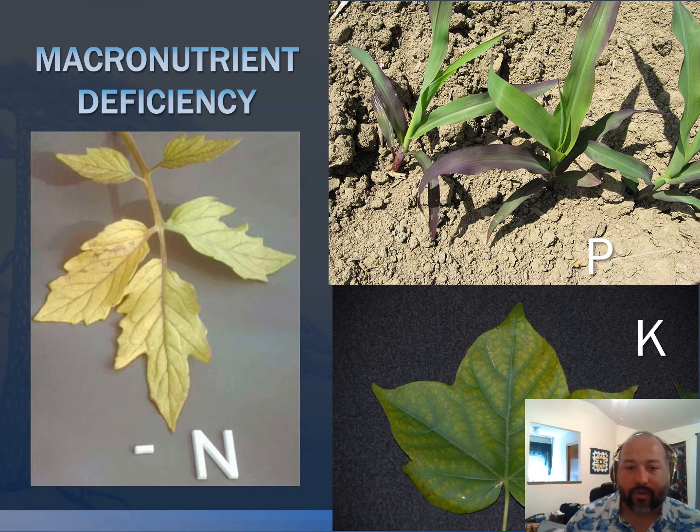Here's that phosphorus deficiency that we talked about with that reddish purple look to the leaves, and then a potash deficiency where we get that yellowing in between the veins, starting from the outsides and then working its way inside.